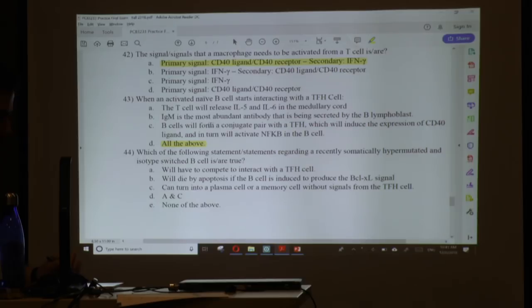IgM will be the first thing produced, and it's going to be the most abundant antibody for that infection. And then the B cell will form this conjugate pair with the T follicular helper. You're going to have CD40 expression of CD40 ligand, activation of NF-kappa B. If this doesn't ring a bell, just go back and review the B cell activation chapter. Okay?